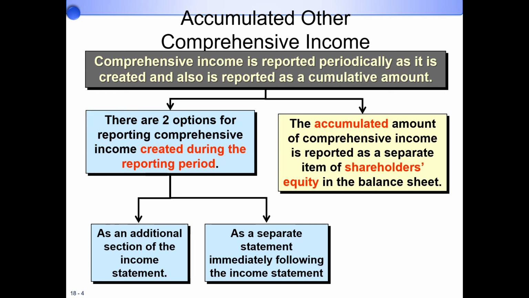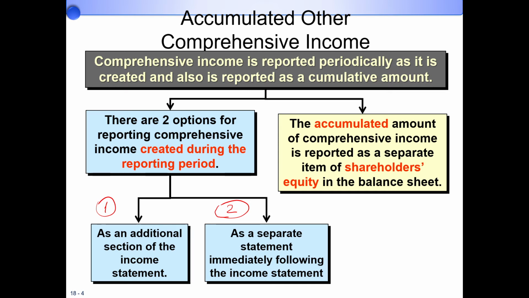Option number 2 is as separate statements. This is up to the company. Let's say the company chooses to separate the comprehensive income statement. Now we have two statements: a regular income statement and a special comprehensive income statement.